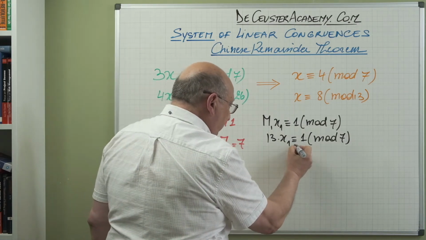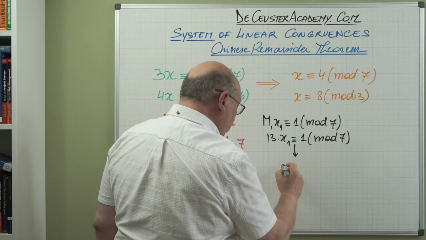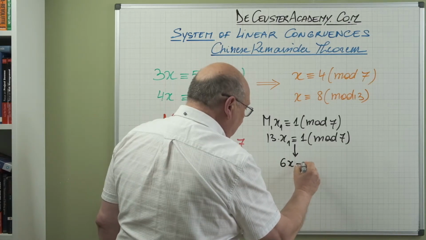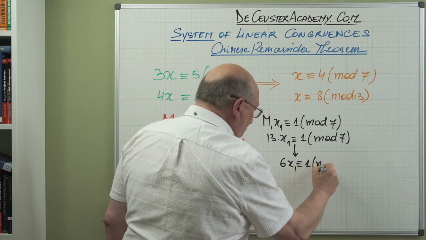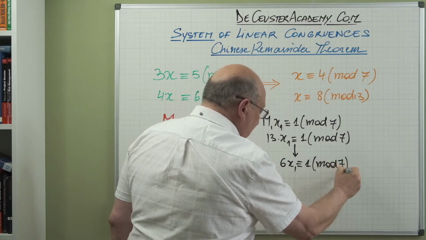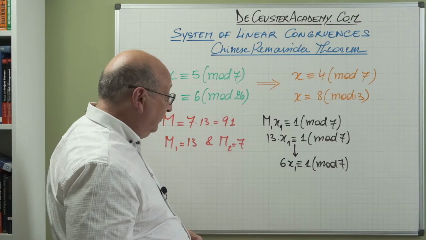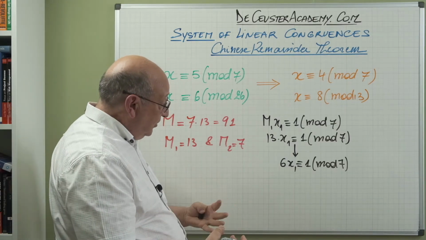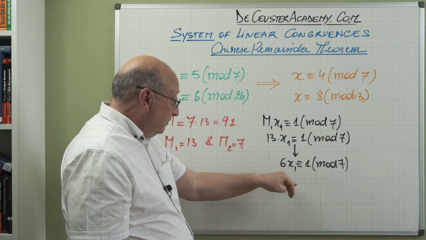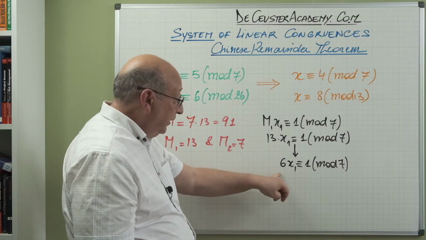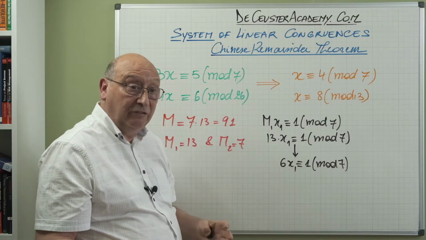We can simplify this, everything modulus 7, so we have 6x1 is congruent with 1 modulus 7, and now we have to find the modular inverse of 6 modulus 7.